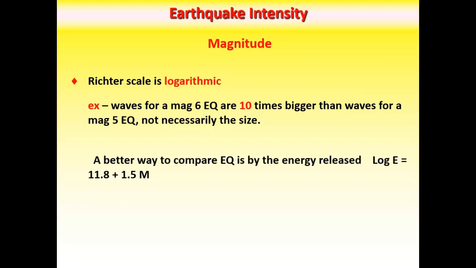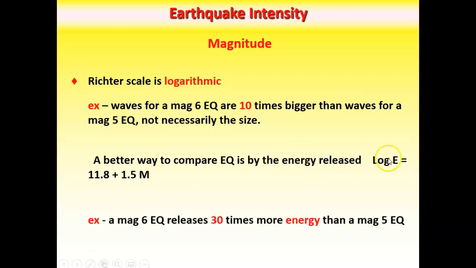Usually the thing that we want you to focus on, and don't worry about this equation, it's just a general equation, a calculation they can use to get a magnitude, is this right here: the energy released between one whole number on the scale, the Richter and the moment magnitude scale that we're currently using, is 30 times.